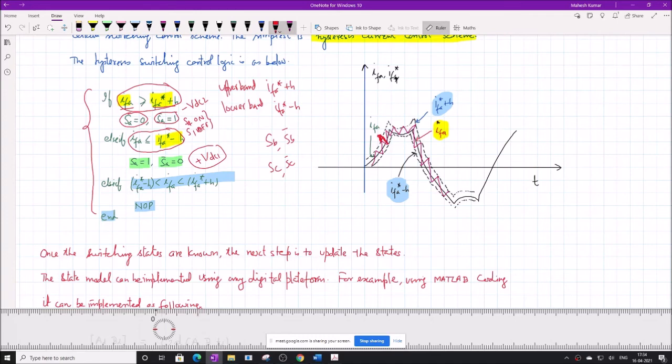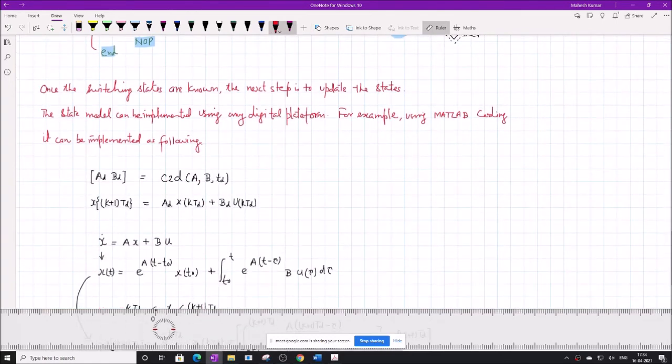As I said, you can implement this whole system on any digital platform using any code. You can write in C code or MATLAB code, or you can simulate in Simulink or any block diagram technique software. The simplest one is MATLAB coding.